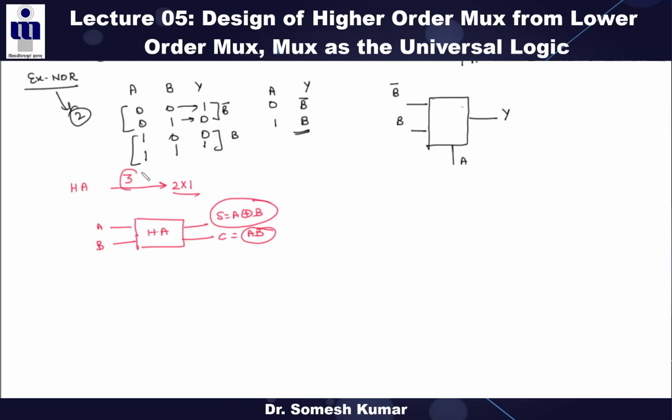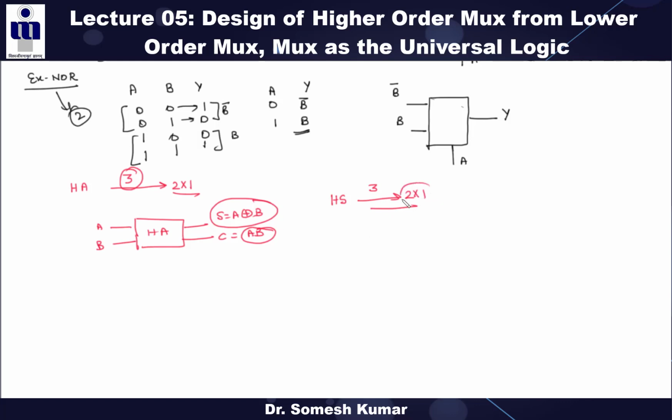These questions can be asked in your exam. Similarly, for the half subtractor, 3 2:1 mux are required to implement it. Clear? If I say design a half subtractor using 2:1 mux, it is also simple.